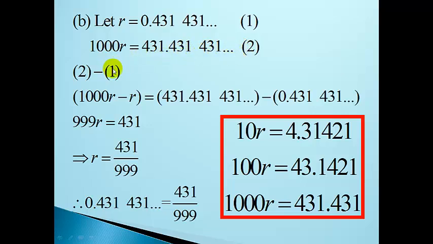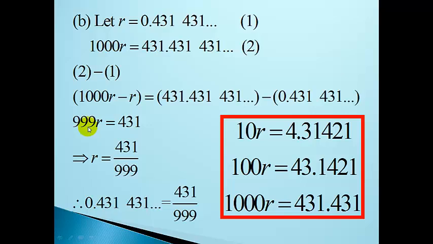So we now subtract equation 1 from equation 2. So we take R from 1000R, and that will give us 1000R minus R. This is equal to, we subtract 0.431431 from 431.431431. And the answer is 431. So we have 999R on the left hand side is equal to 431.